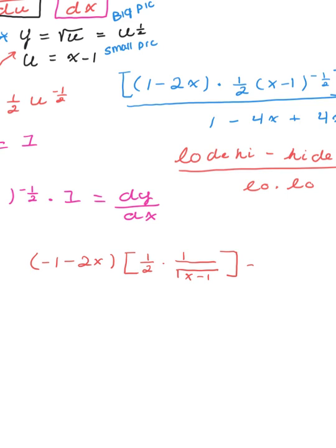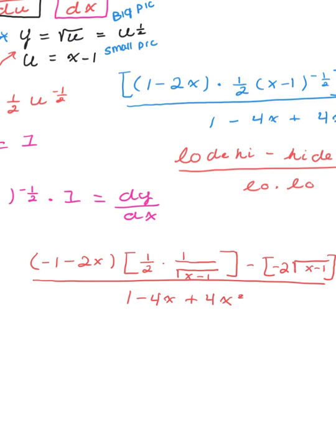And that latter half of the numerator, just leave it negative 2 times the square root of x minus 1, all over 1 minus 4x plus 4x squared.